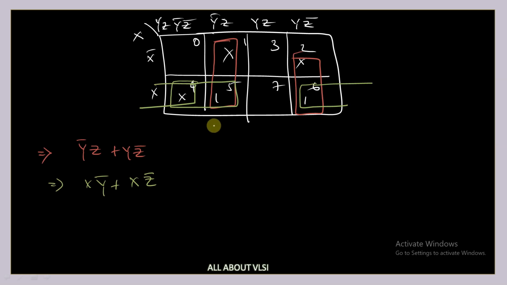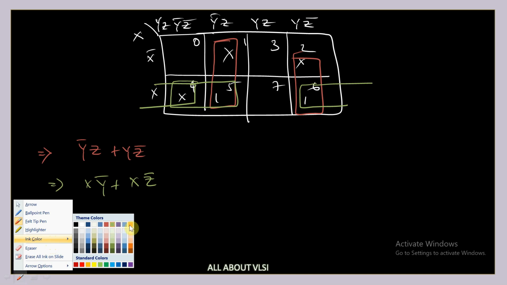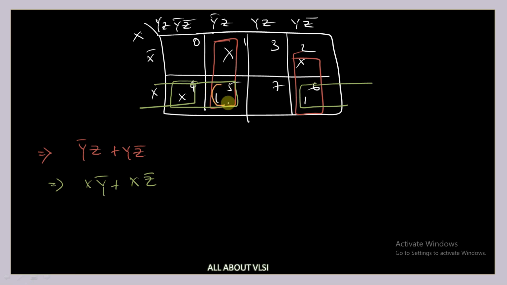Okay. Next. So next what I can do is xy bar. So instead of grouping this min terms with my don't cares, I can follow a single grouping. So I can follow a single grouping like this instead of grouping it with any don't cares, so that my answer will become this.